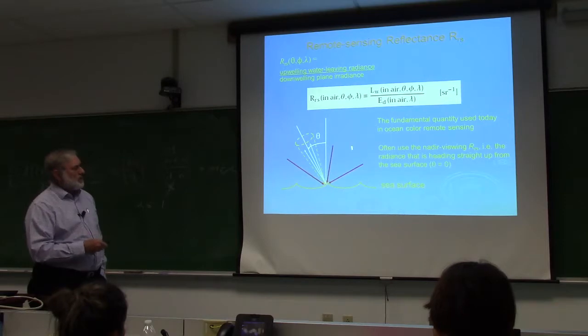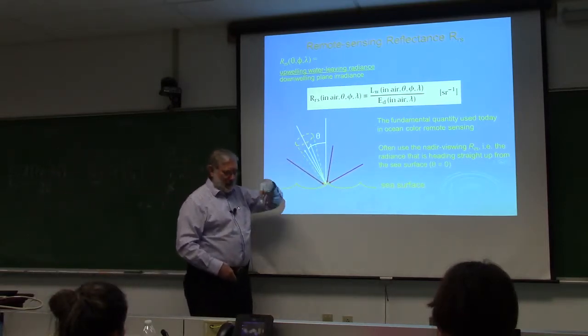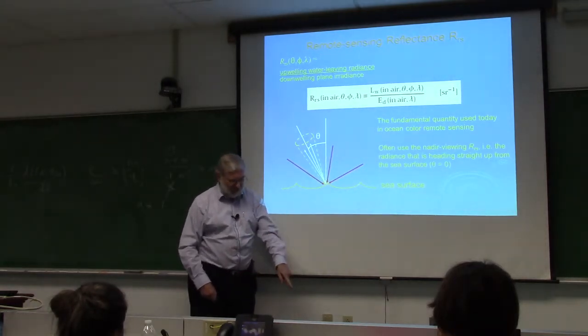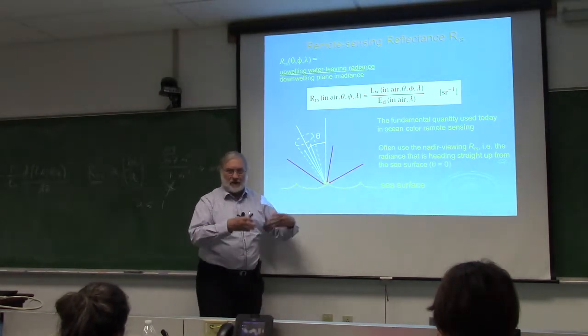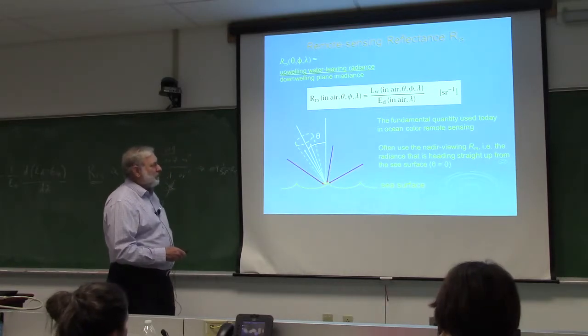And you guys have seen that. And of course, people usually talk about RRS as though they're looking straight down. But really, of course, you maybe are looking off to the side. That's where this BRDF correction comes in, and on and on. And we talked about that the other day.